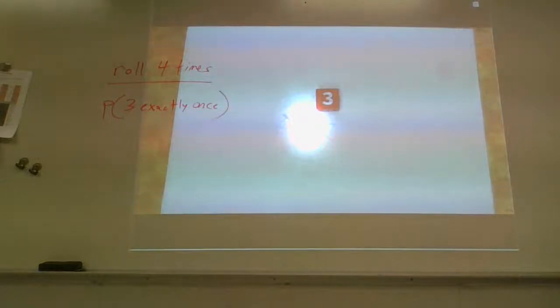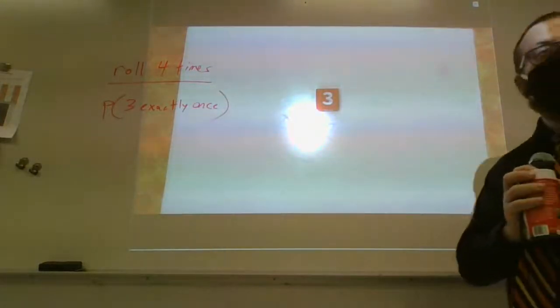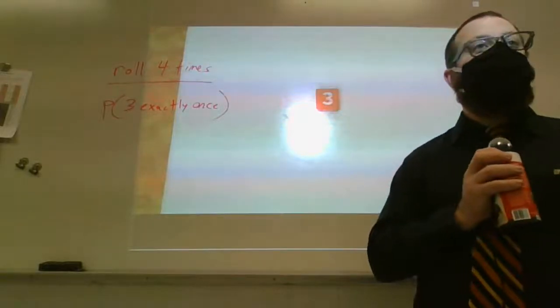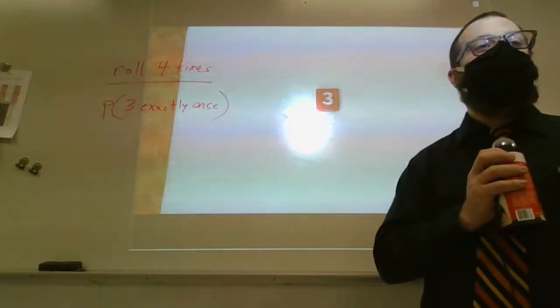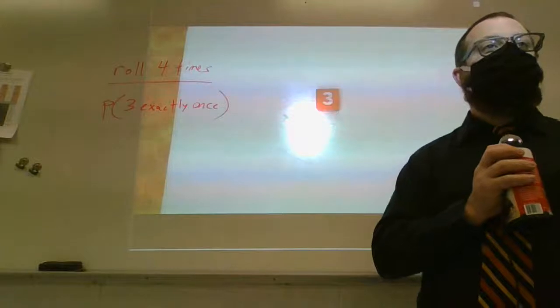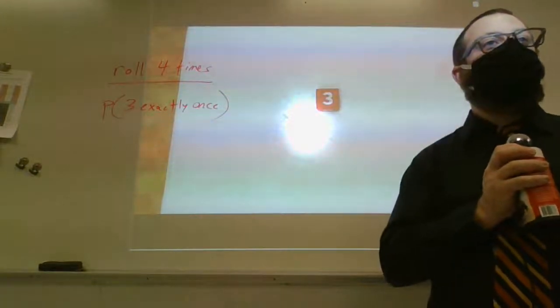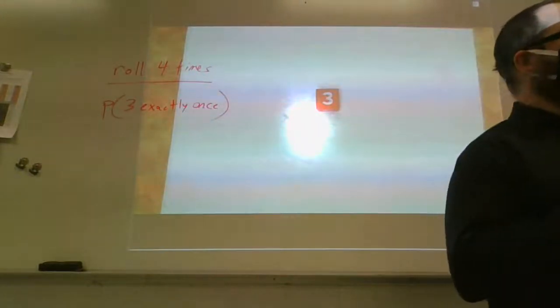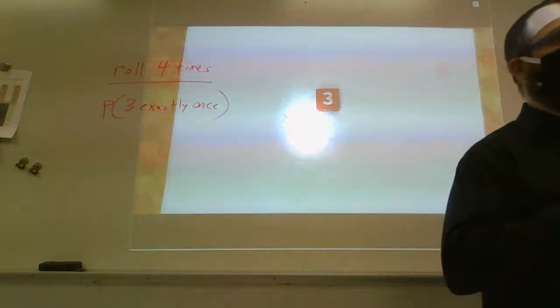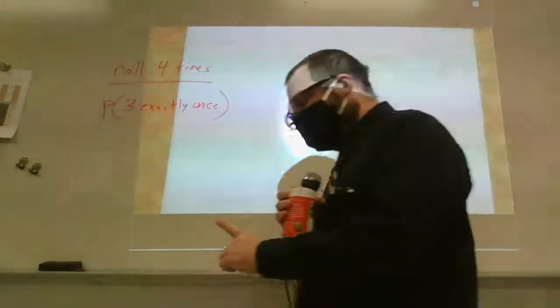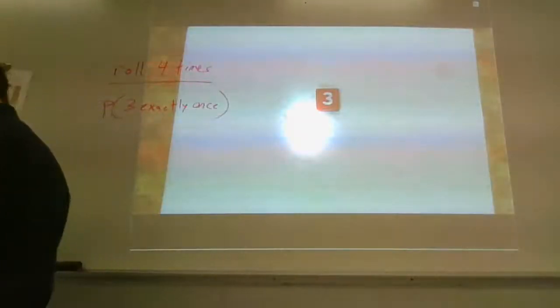What are the chances that I get a 3 on the second roll? Just on the second roll. Still 1 out of 6. The odds don't change on the die. From one roll to the next, the chances of getting a 3 don't change.